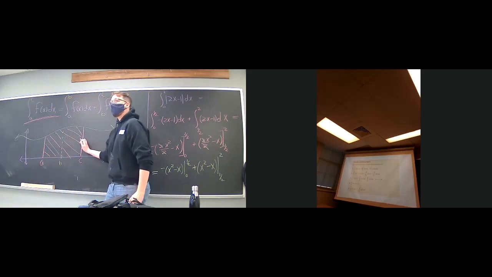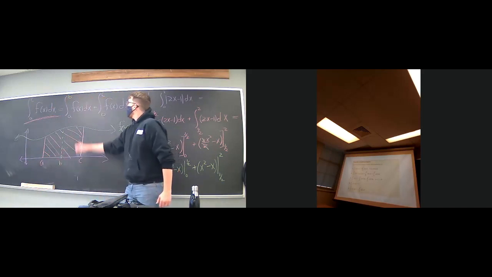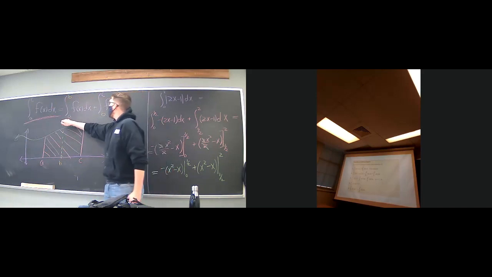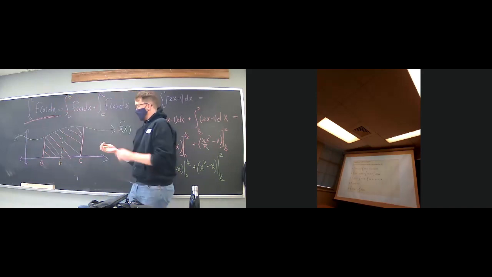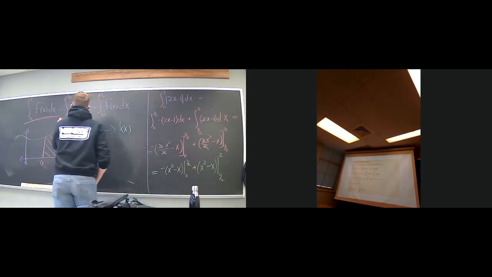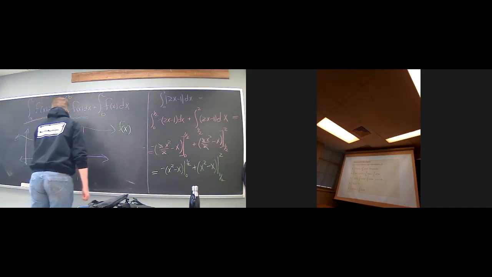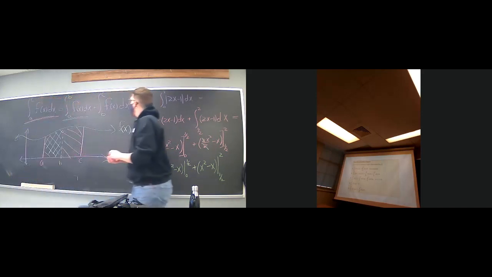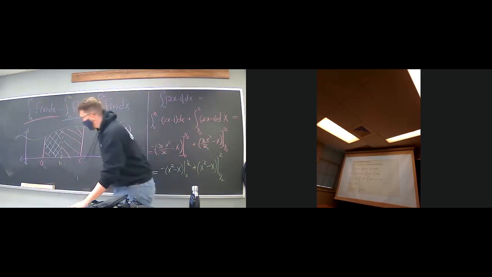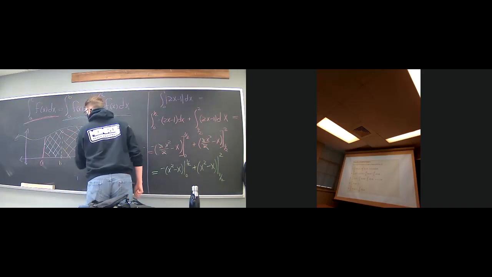So this first integral tells us the area from A to C. Now we're going to break it up, like I said, A to B, B to C. What this new integral tells us is just the left part of it. And what this right integral tells us is just this part of it.